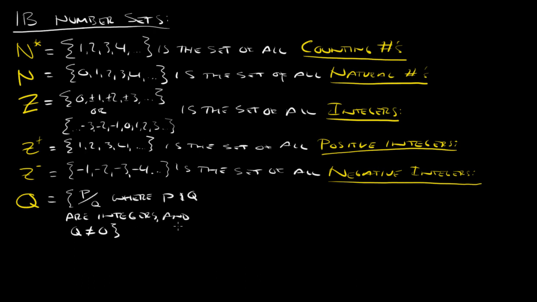So if you have that, this is the set of all, and these are called rational numbers. Okay, and again, the way I often remember that is I think of Q as quotient, and quotient is where you're dividing two numbers.